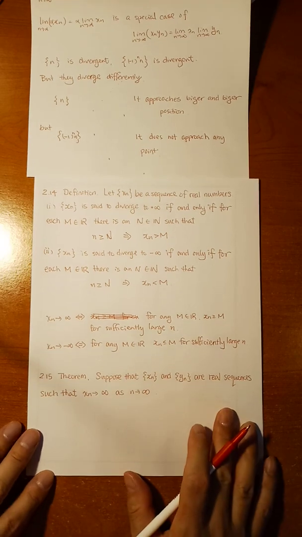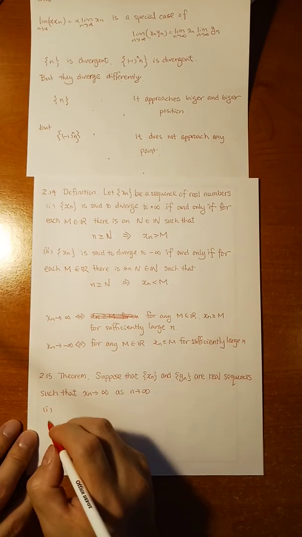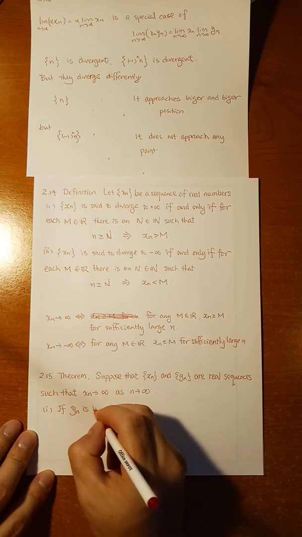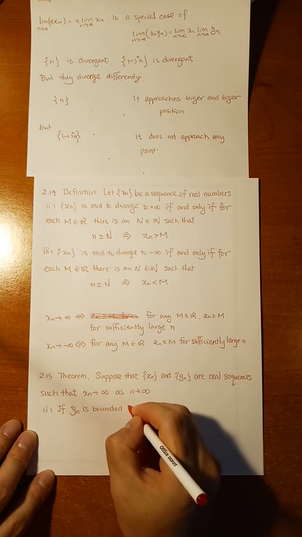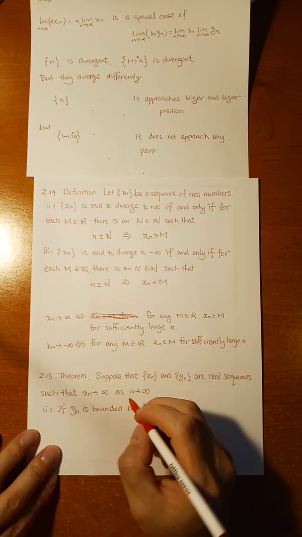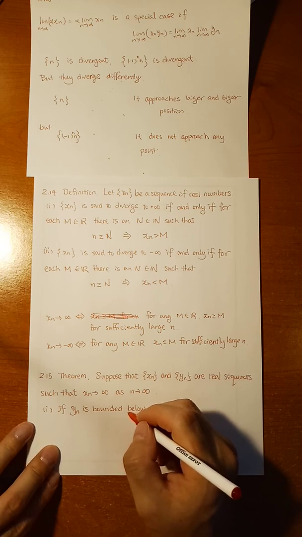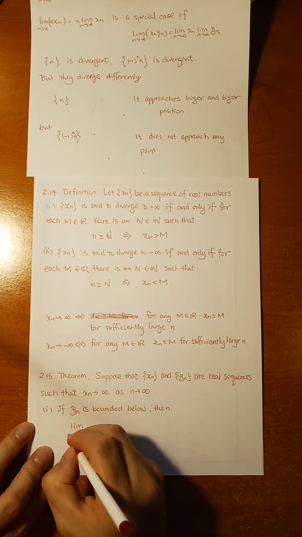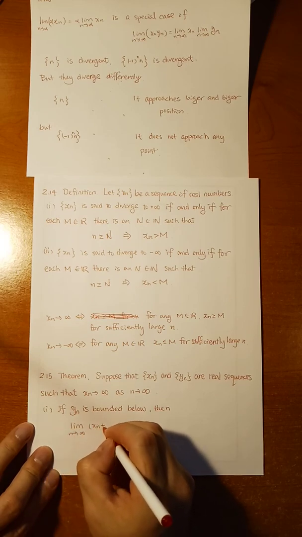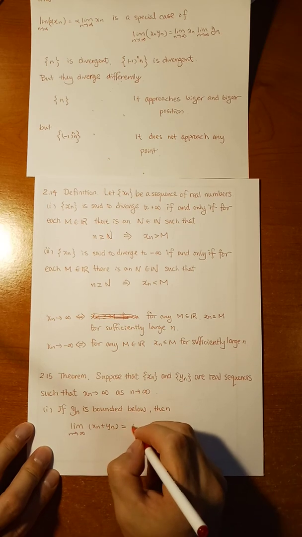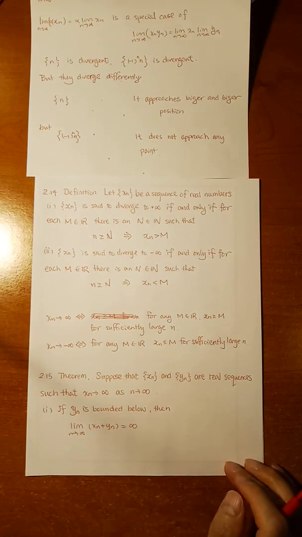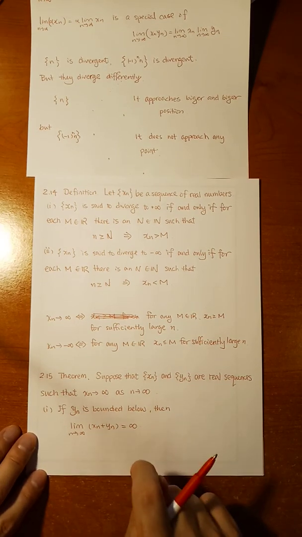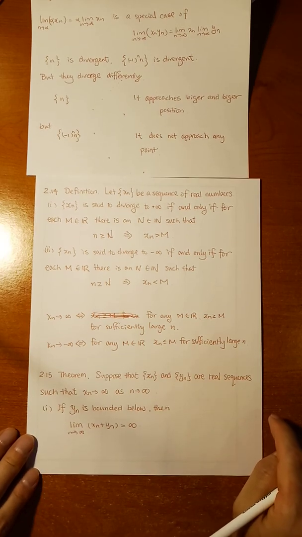Then first, if yn is bounded below, then the limit as n approaches infinity of xn plus yn is still infinity. Okay, so that's the statement for part one.